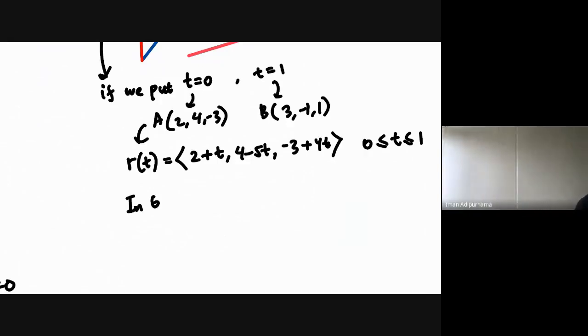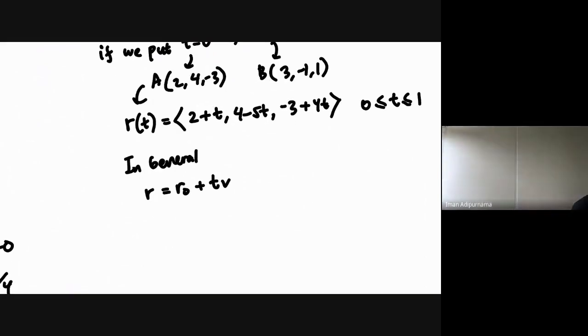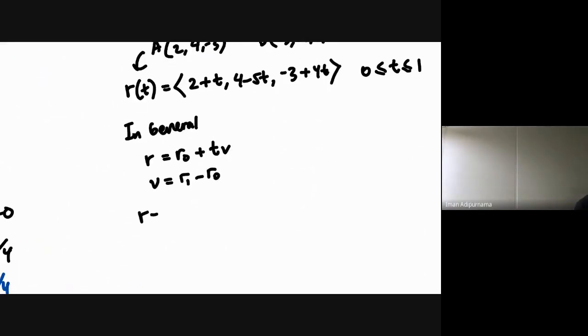So in general, if r is r0 plus tv, and v is r1 minus r0, we can write this in terms of r1 minus r0 multiplied by t.